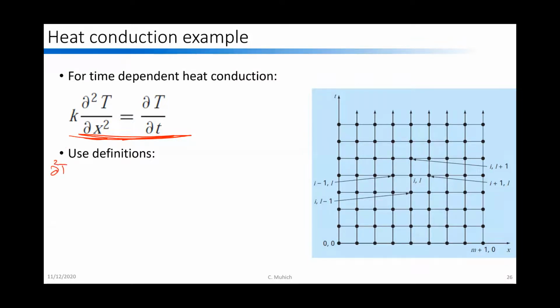So the second partial derivative of temperature with respect to x, partial squared T partial x squared. This is just like we had before. So this is now T_{i+1} minus 2 T_i plus T_{i-1} over delta x squared. I'm going to use one additional notation. Here, I'm going to put an L up top.